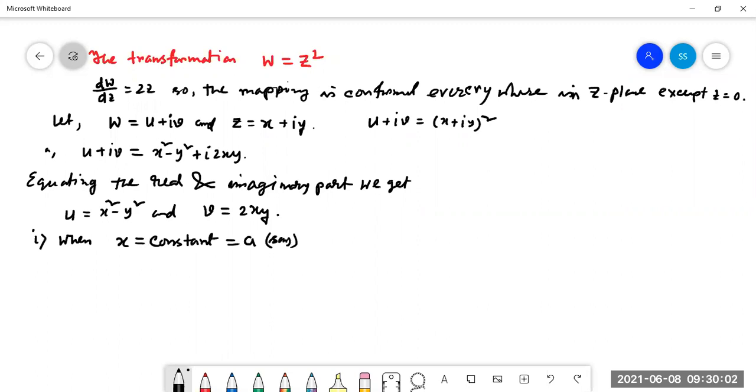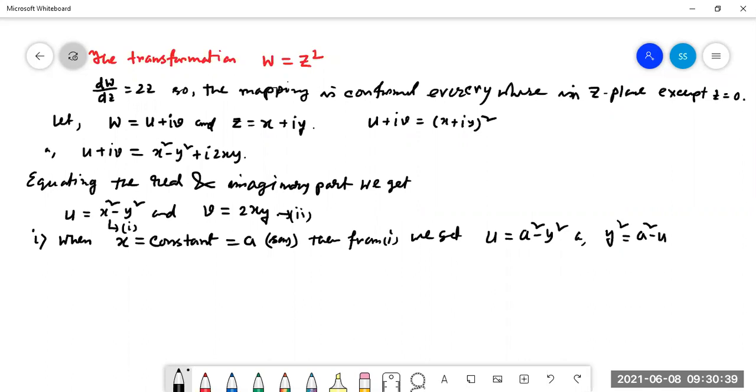If we name the earlier equations 1 and 2, then from 1 we get U equal to a square minus Y square, or Y square equal to a square minus U. This is equation number A. Is it clear? Yes, sir.